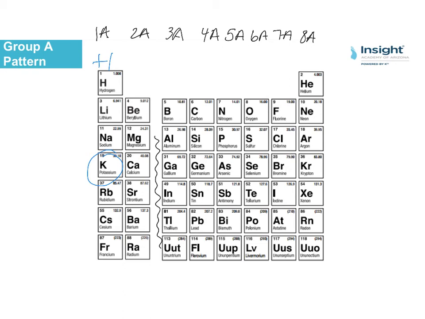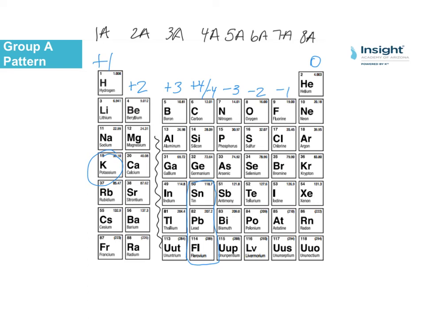The pattern goes, column 1 forms +1 ions, column 2 forms +2, column 3 forms +3, column 4 is where things get a little funky, and even as you get down here, things get even funkier. But column 4, I write as +4 and -4, because after this, everything forms negative ions, because we're getting into our nonmetals. And then our noble gases, which don't react at all, don't form ions.